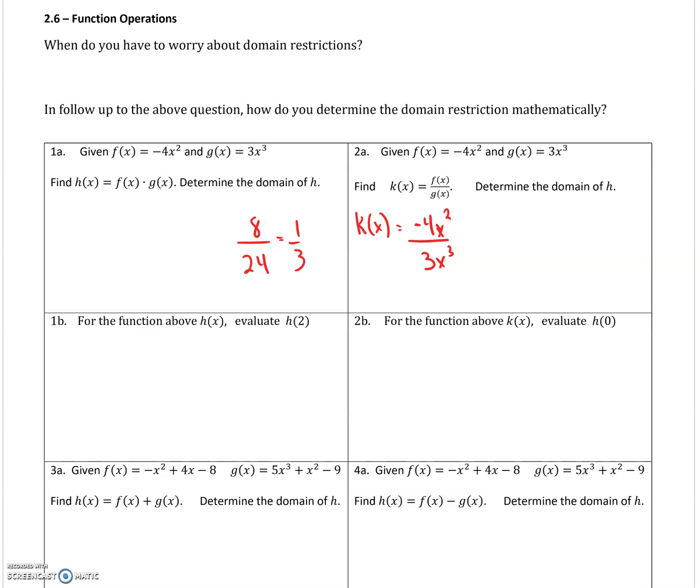So the first thing I look at is my -4/3, and can I simplify that? Nope, that's not a fraction that I can simplify, so that will just stay as -4/3. And then I'm going to look at my x's. So the rule of exponents is that I can subtract the exponents.